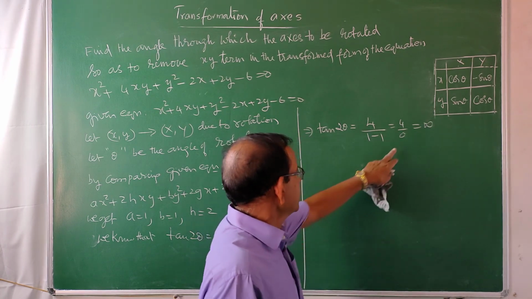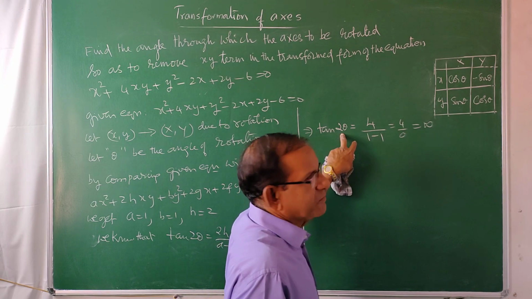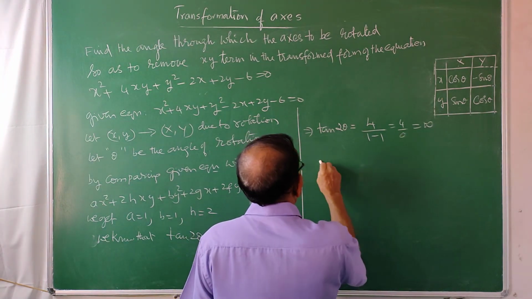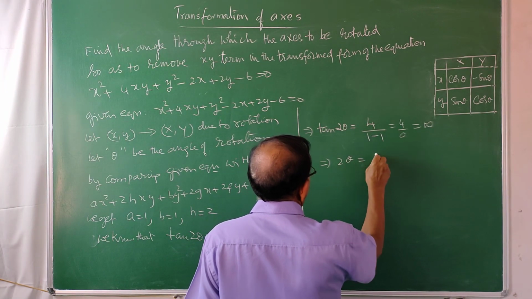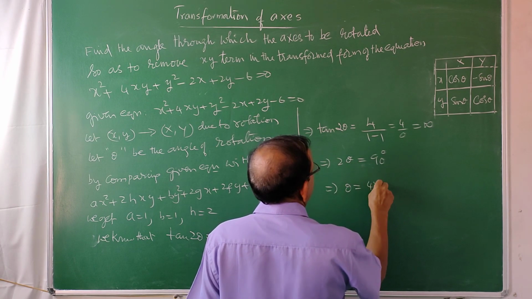Whenever the denominator is 0, angle made by that 2 theta must be equal to 90 degrees. Tan 2 theta is infinity means that implies 2 theta is equal to 90 degrees. That implies theta is equal to 45 degrees.